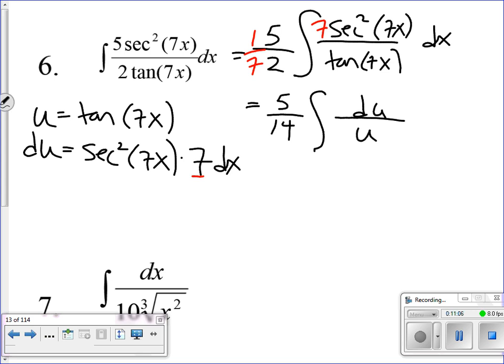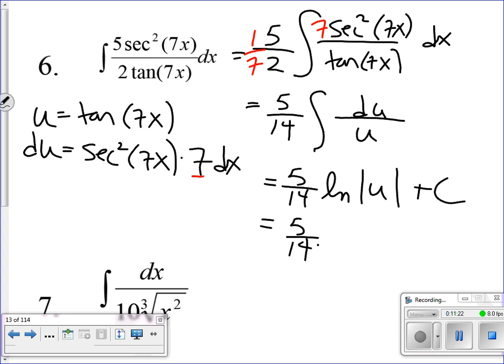This time, because it's just du over u to the first, we will not bring it up with a negative exponent. When you integrate du over u, you get the ln of the absolute value of u. And so our final answer then, converting it back to x's, would be 5/14 times the ln of the absolute value of tan of 7x, plus c.